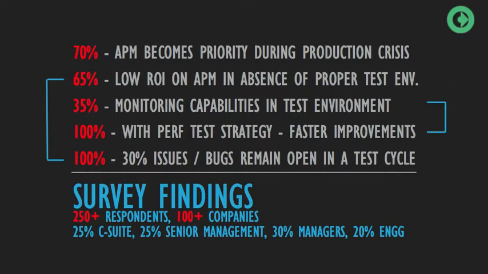The key highlight of the findings, as you see on your screen, is that 70% of the respondents admitted that APM becomes the priority during a production crisis. After a detailed conversation, it is believed that APM is the first thing that comes to their mind when there's an issue or a production crisis.